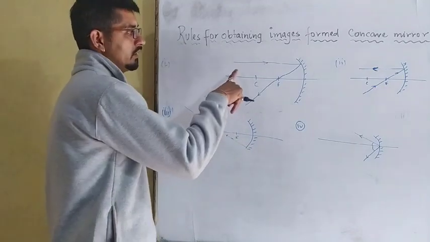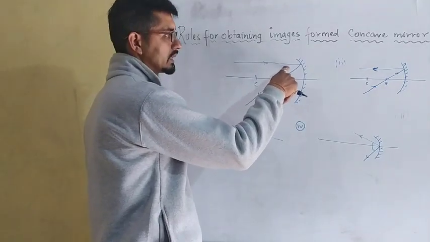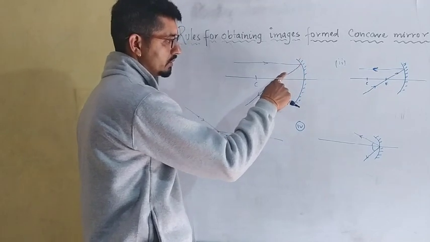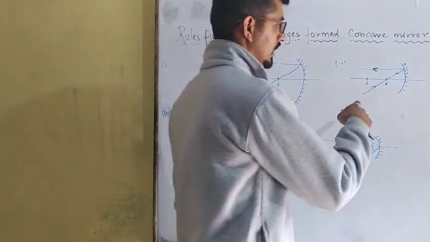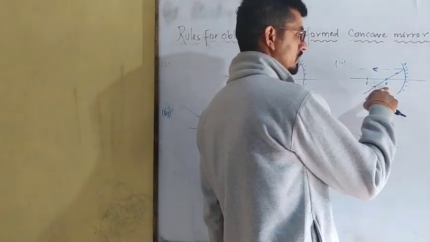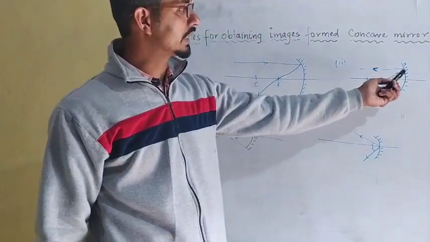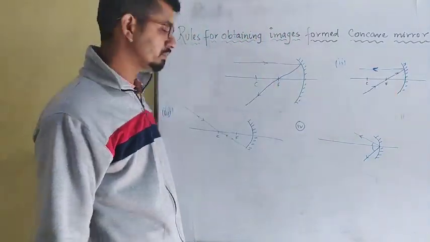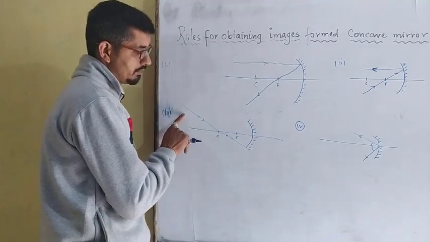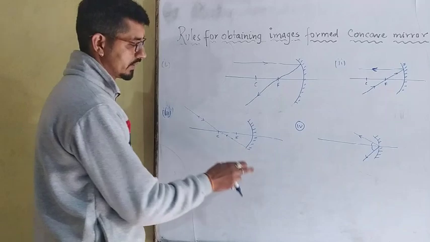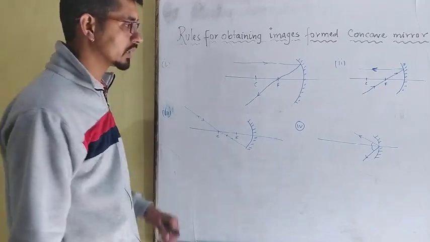Okay, first one, if a light ray comes parallel to the principal axis, after reflection it passes through the focus. Second one, if a light ray passes through the focus, after striking the surface it becomes parallel. Okay, the third one, if a light ray passes through the center of curvature, after reflection it will pass through the center of curvature.